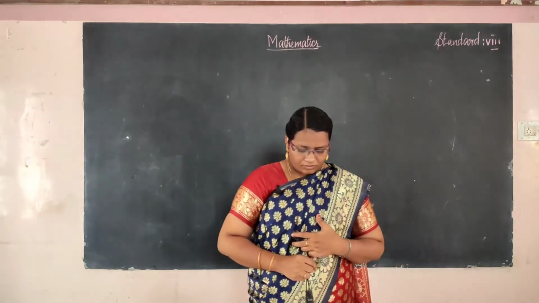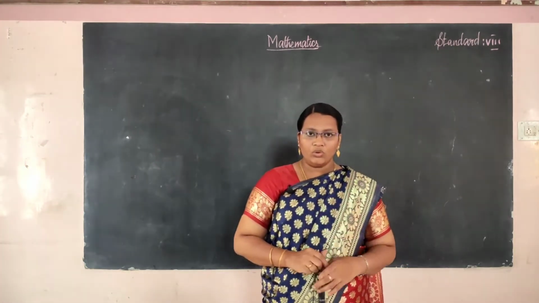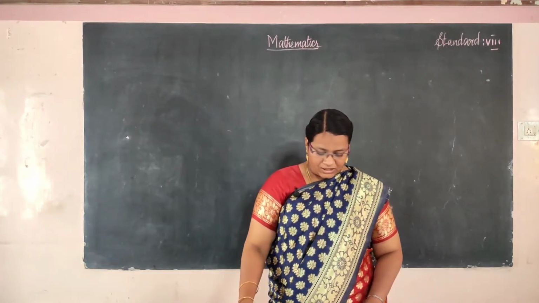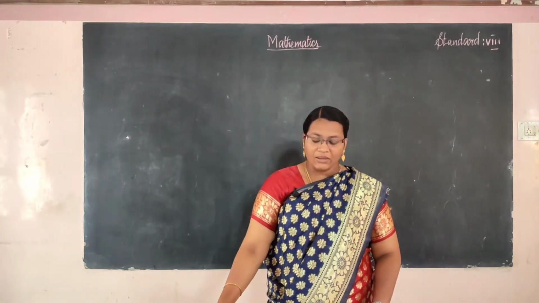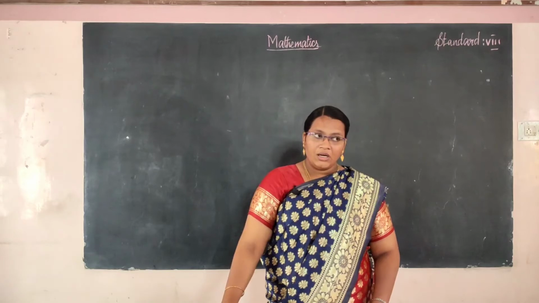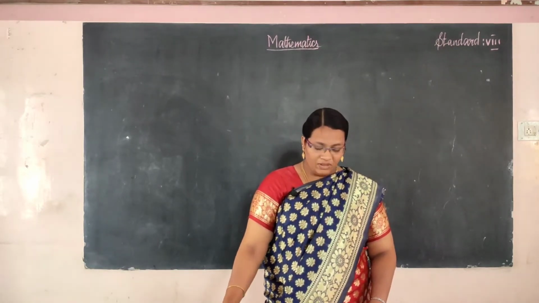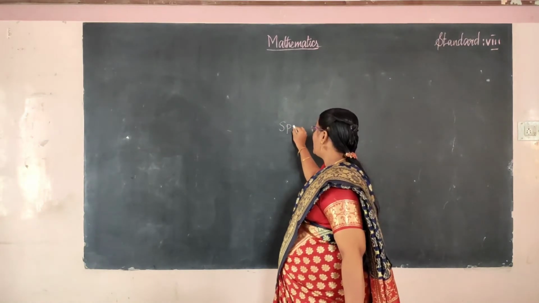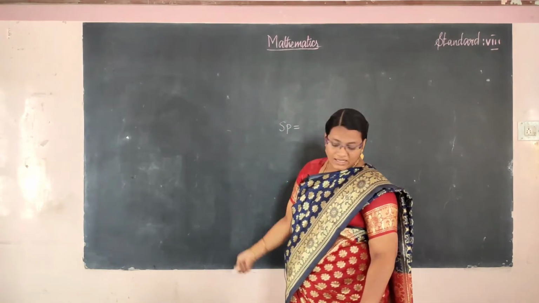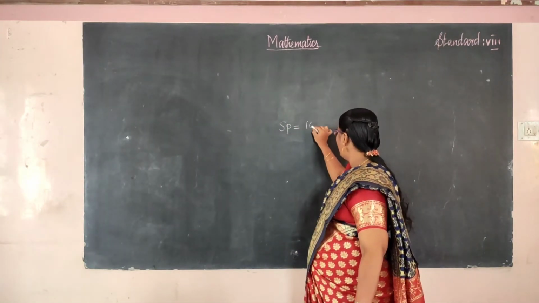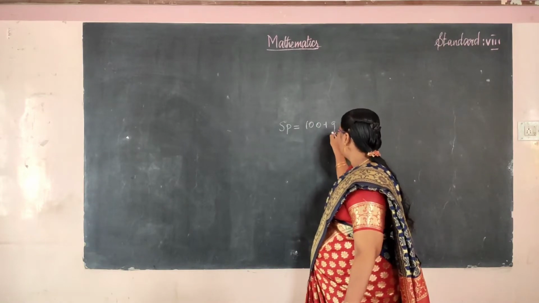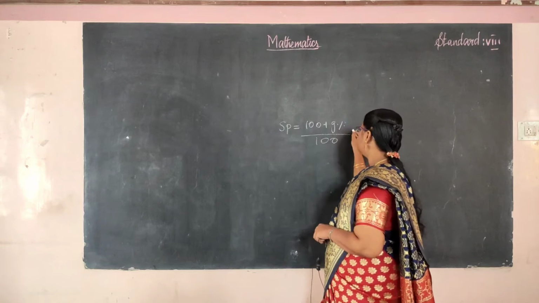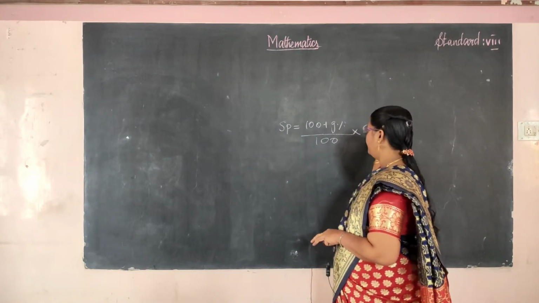Then we have learned two new formulas. One, when the gain percentage is given, we use SP is equal to (100 plus gain percentage) by 100 into CP.